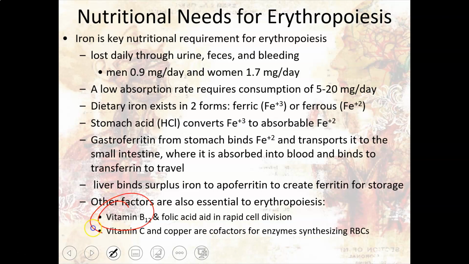Now, as we talk about this idea of B12 and I suppose folic acid, we have this misconception of how this process works. B12 is essential for rapid cell production. If you have a lack of vitamin B12, erythropoiesis will be slowed down to the point where you're anemic. But adding more B12 does not equate to making more red blood cells, assuming that you have normal physiology.